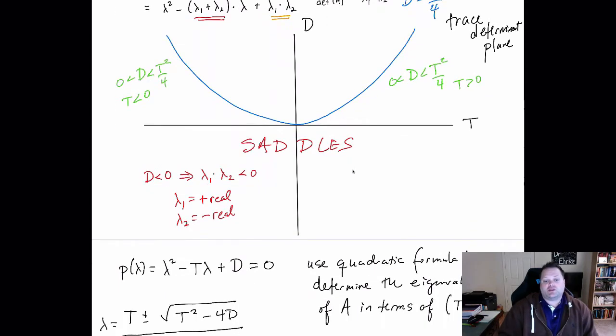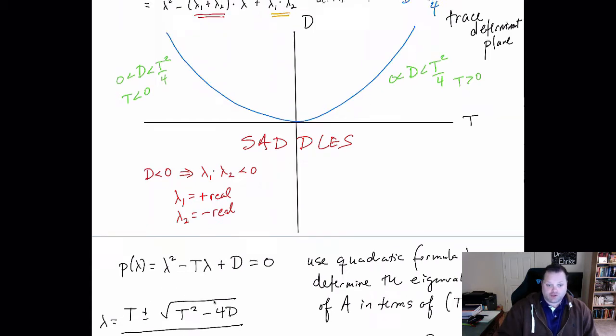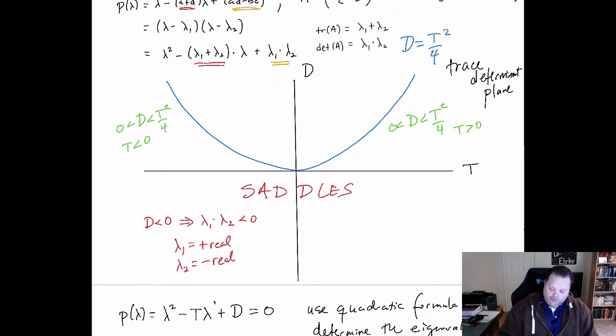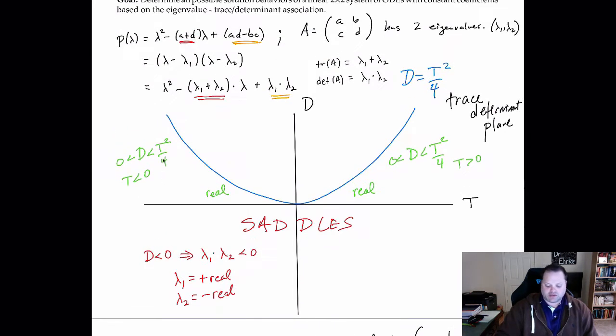So let's think about what that looks like. For starters, if your determinant is less than t squared over 4, then this quantity is less than t squared, which means you have real roots. So we know we're in the case where we have real roots. The roots here are real. The roots here are real. Let's think about what it means for each of these areas to have, say, trace negative or trace positive.